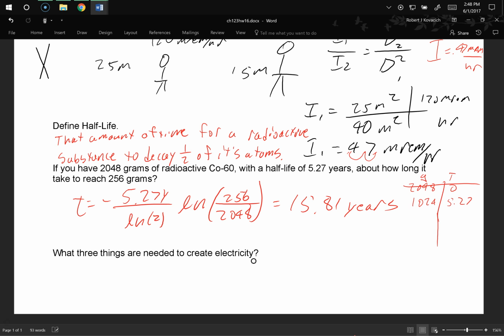And then I cut that in half, and I get 500 and what? And so that's going to be 10.54 years. And then I cut this in half, and I'm at 256. And so this should be 15.81 years. Why does that work out for me? That's wrong.